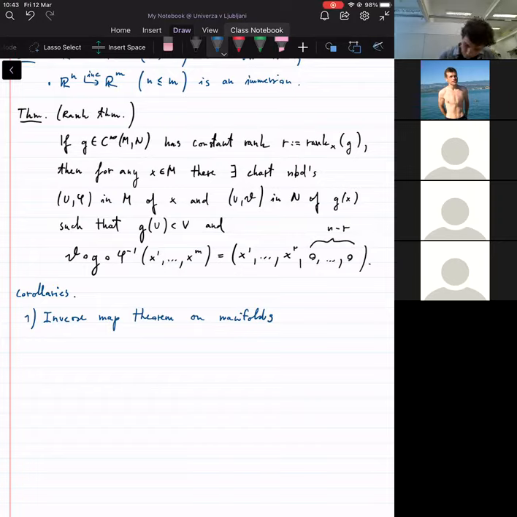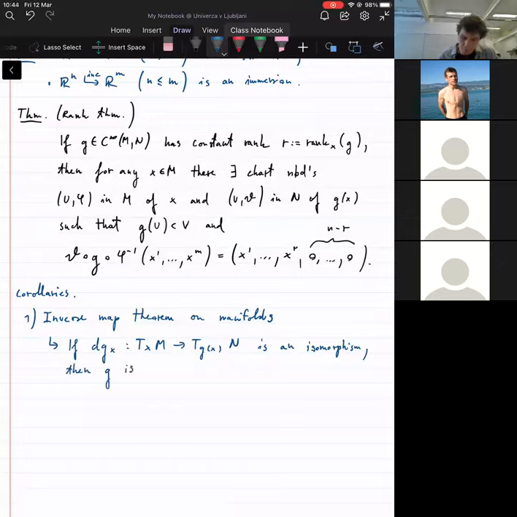It says that if dg_x, which goes from T_x M into T_{g(x)} N, is an isomorphism of vector spaces, then g is what?